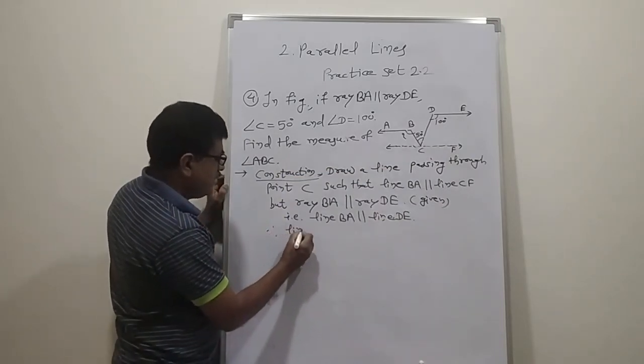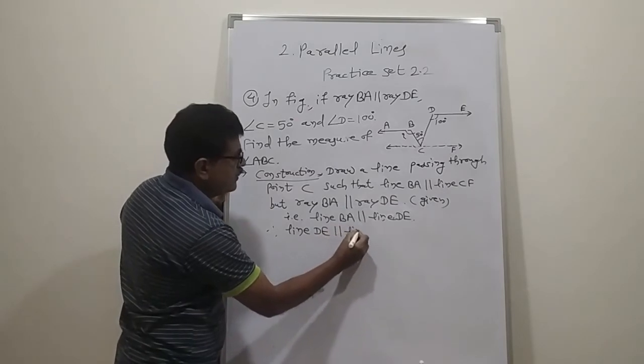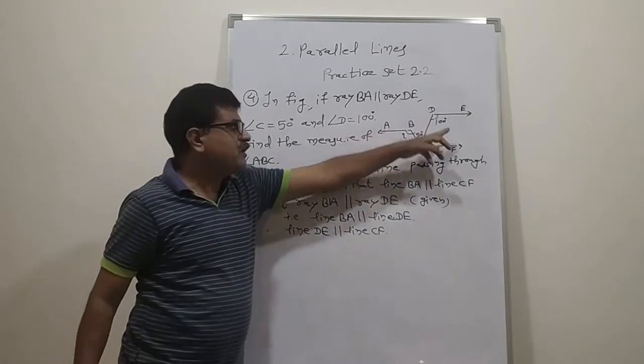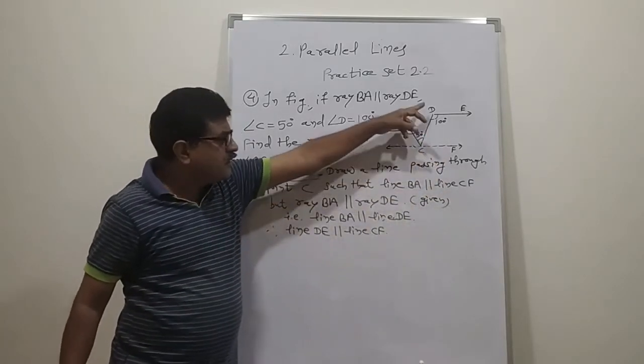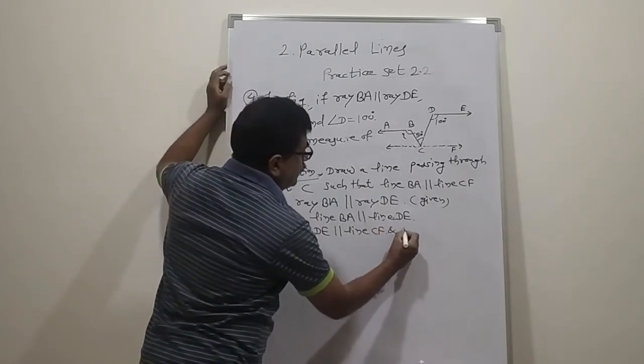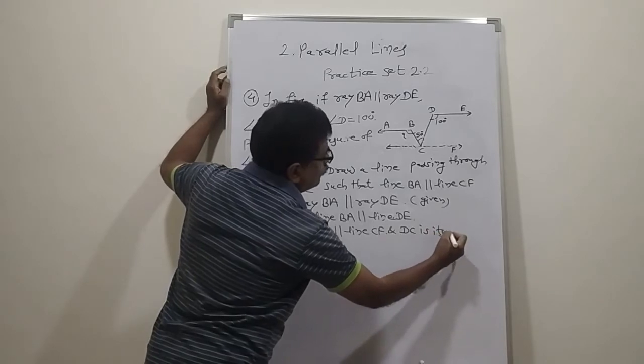Therefore, line DE is parallel to line CF, and DC is its transversal.